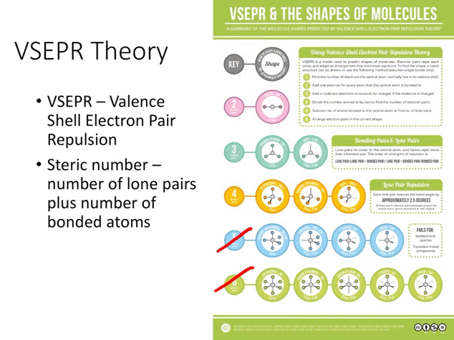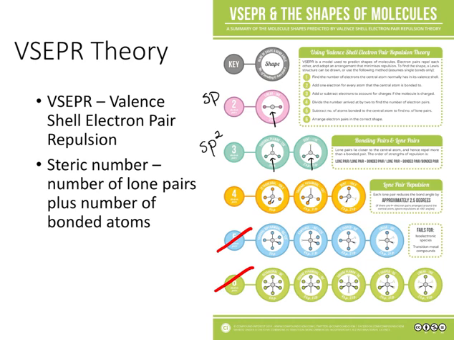Okay, so just as a review, if we have a linear molecule with a steric number of 2, the central atom is sp hybridized. So that central atom there is sp hybridized. And then if we have central atoms with a steric number of 3, those are sp2 hybridized.